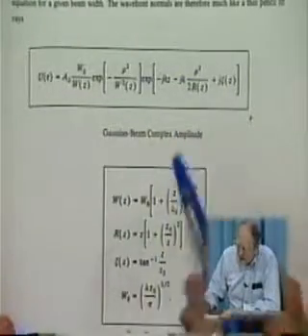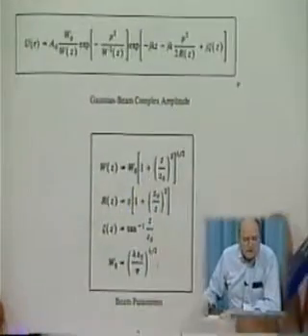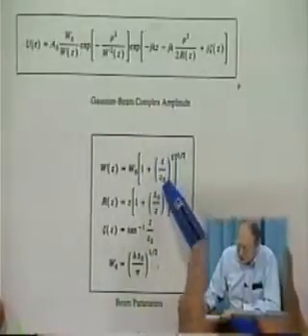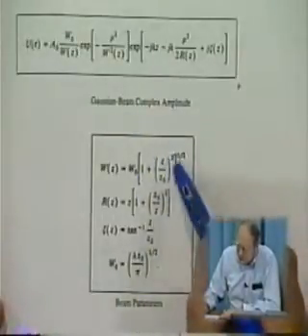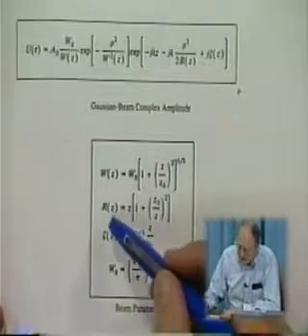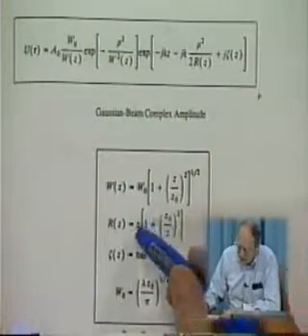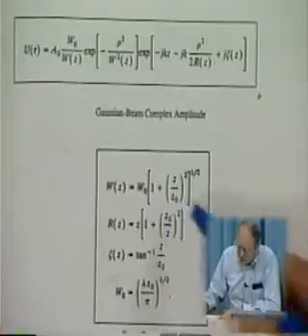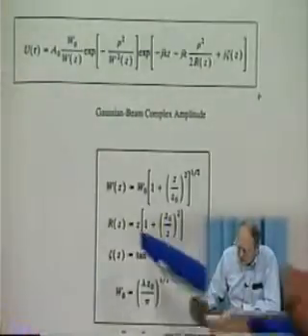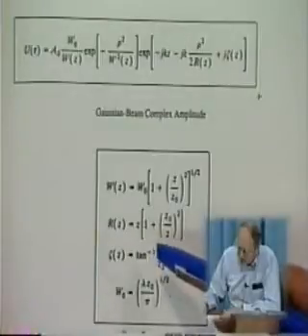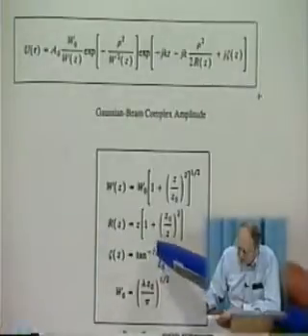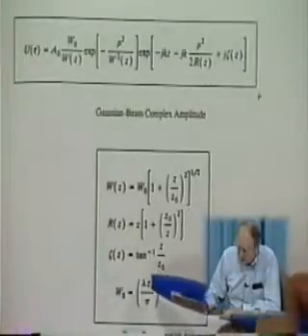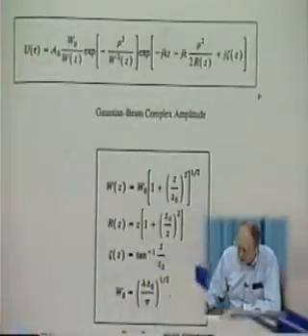That's true if w of z here is w naught times the square root of 1 plus z over z naught squared. R of z is z times the quantity 1 plus z naught over z squared. And this phase factor here is equal to arctangent of z over z naught. And w naught is the square root of lambda z naught over pi.